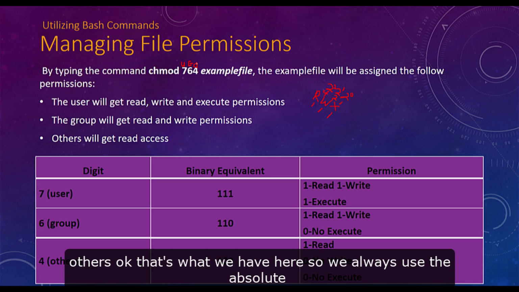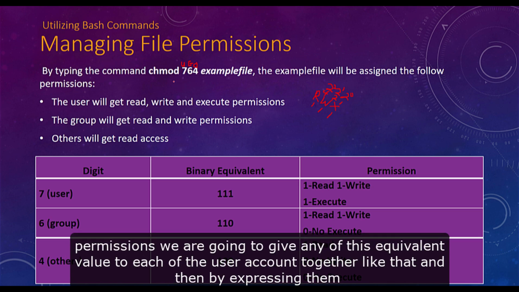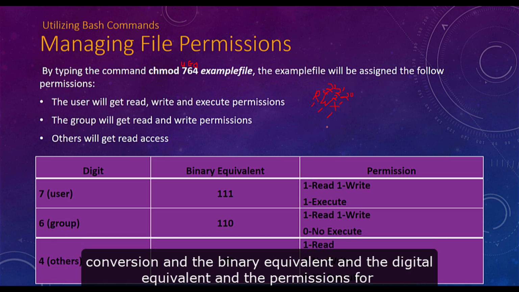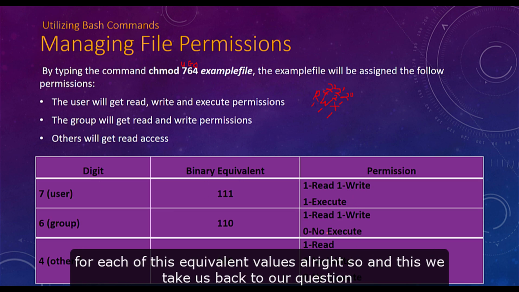So with absolute permission you give each of these equivalent values to each of the user accounts together, expressing them from 0 to 7, and then we should know what all of this stands for. That's why I tried to explain it like this, so that we can get the binary conversions, the binary equivalent, the digital equivalent, and the permissions for each of these values.